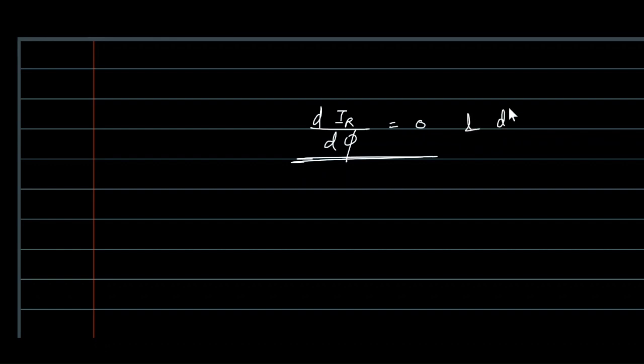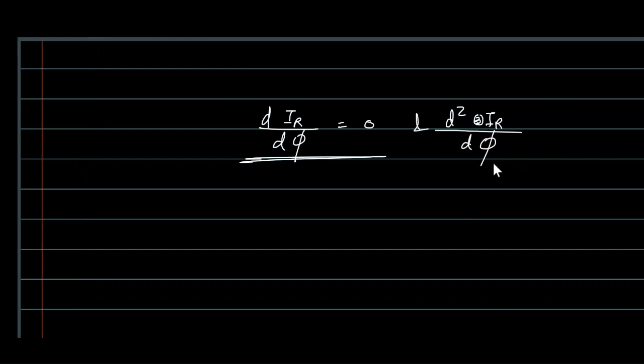Also the second derivative of IR with respect to phi should be negative, since for a maxima this should be negative. Upon investigating these conditions, we derive the conclusion that n tan phi by 2 is equal to tan of n phi over 2. I'm not going into the derivation, but I'm telling the result of these two conditions.